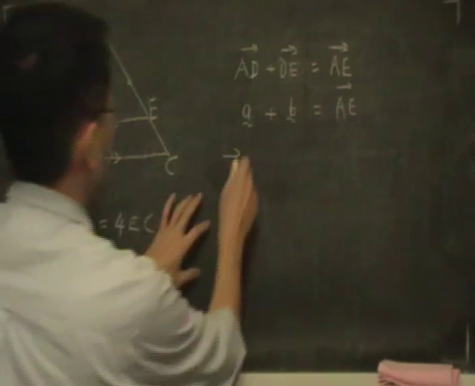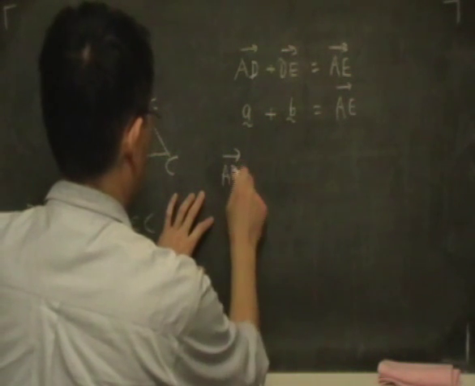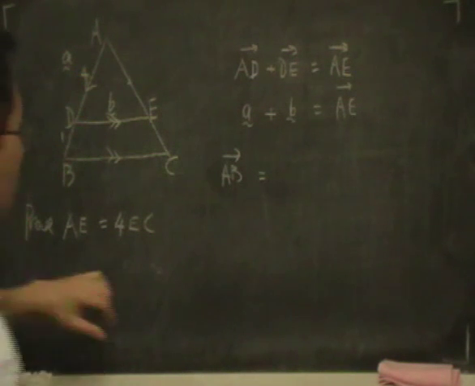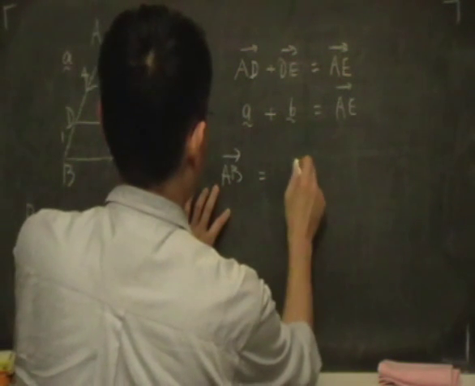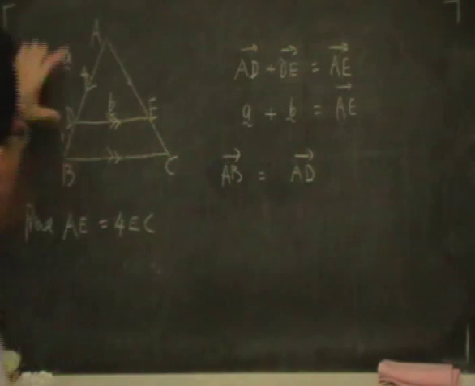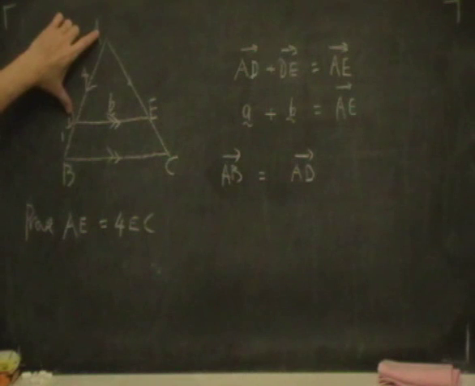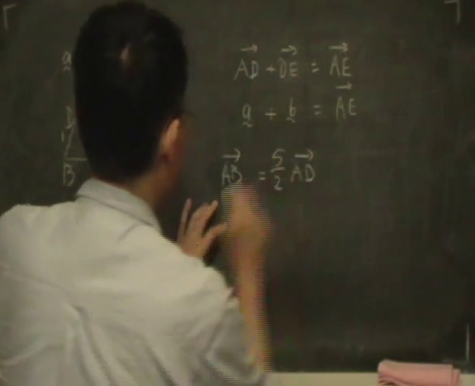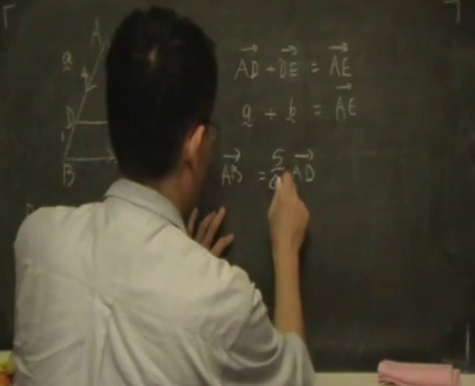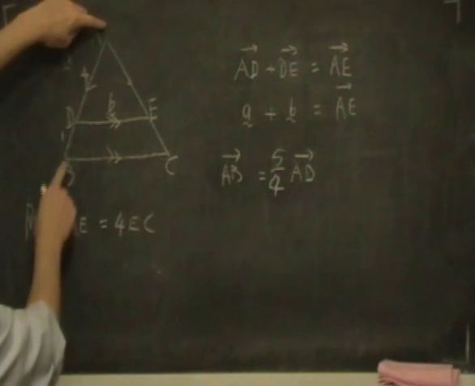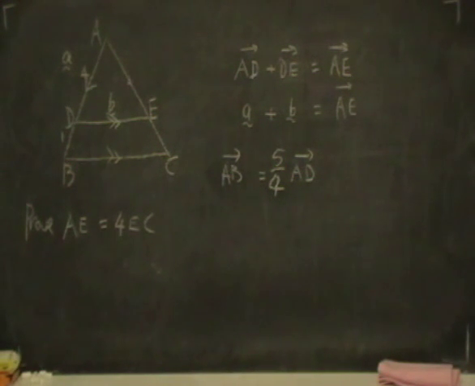Actually, I want to express AB in terms of AD. So AB is AD multiplied by a number to make AD longer, and that number would be 5/4, because that's 5 parts and that's 4 parts.